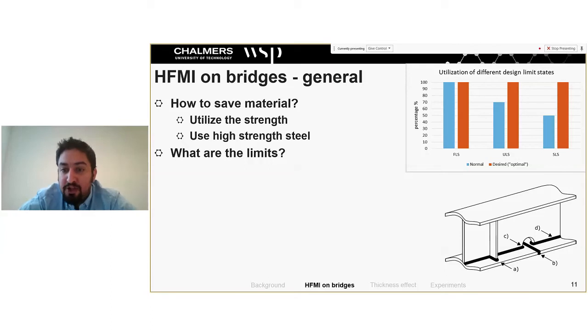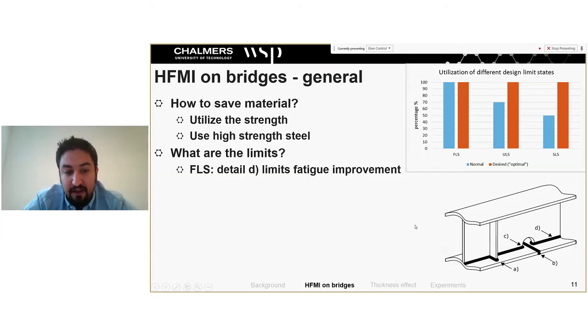However, the longitudinal welds, which go along the bridge, which can be several tens or hundreds of meters, are not suitable for HFMI treatment. So since these welds are subjected to the same stress levels as the other details here, the strength of this detail will be governing. So this will be limiting, actually, for the fatigue limit state.